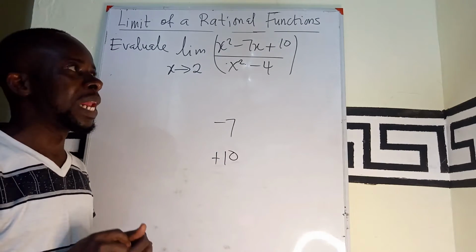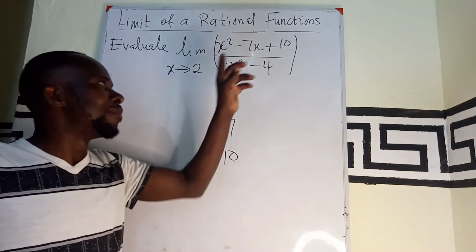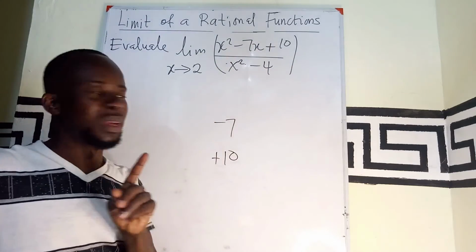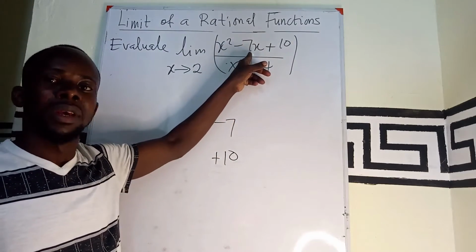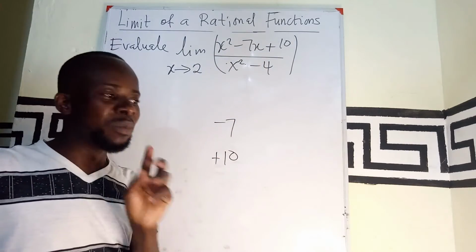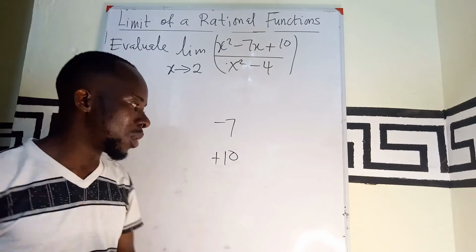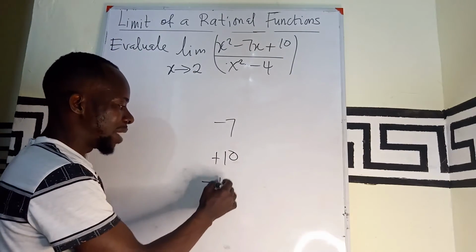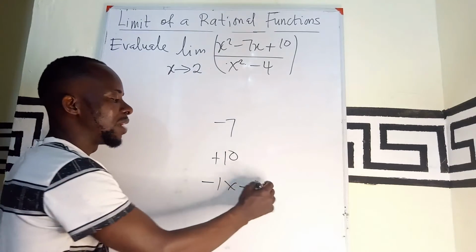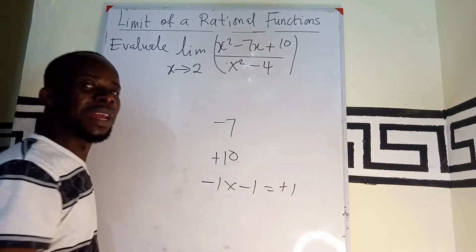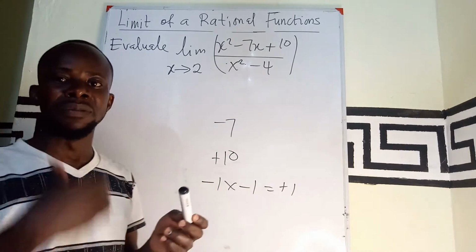but when you multiply, you get a positive 10. Now the trick under this is that the moment your c or the constant term is positive and your b is negative, it means the two factors you are looking for must be negative, because we know that a negative number times a negative number gives us a positive number. A negative number plus a negative number will also give us a negative value.